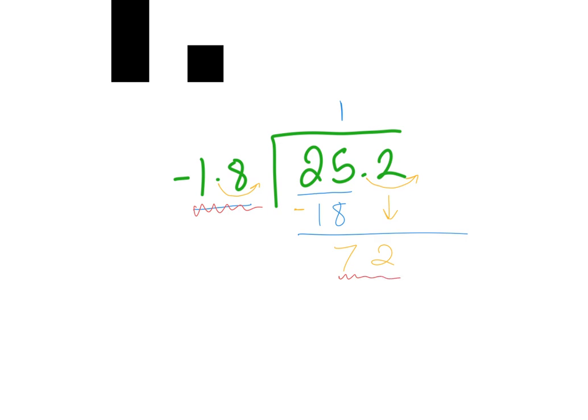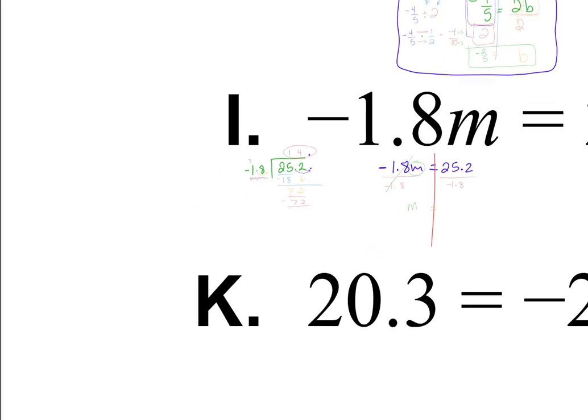That would be 4 times. So the answer is just 14. That's because the decimal, when we moved it, went right here. So for I, the answer is 14.